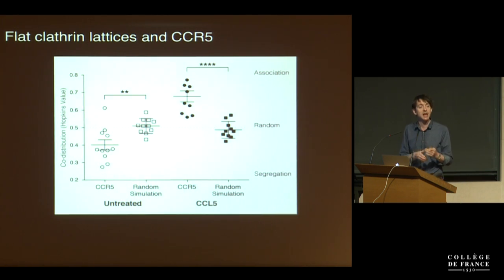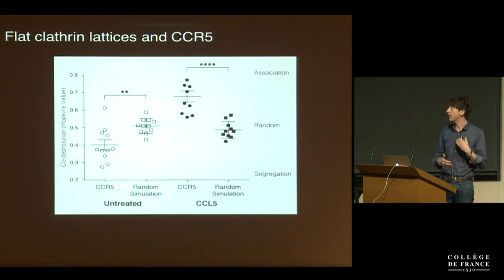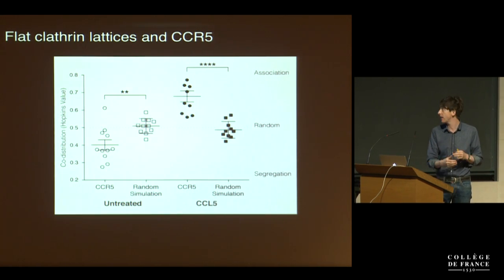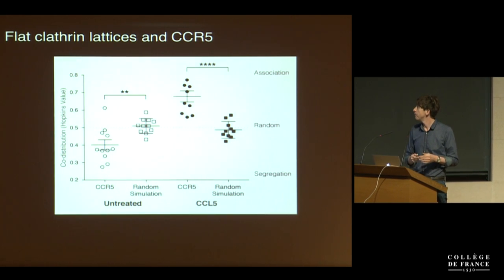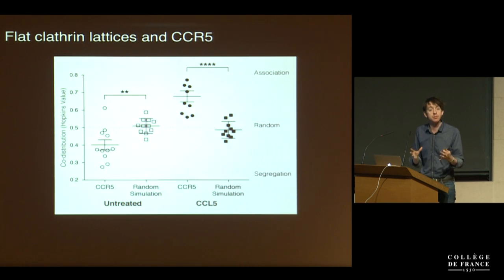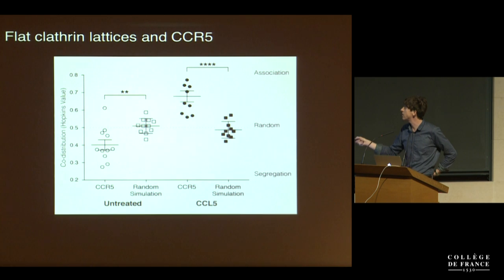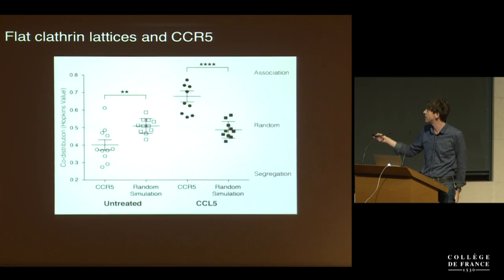Now, Hopkins analysis allows us to look at the co-distribution of CCR5 and flat clathrin lattices. And a Hopkins value of 0.5 would indicate a random co-distribution. A Hopkins value below 0.5 indicates that these two components are segregated, whereas above 0.5 indicates association. We have here some random simulations as control, and you can see that these give values of 0.5, which is consistent with a random distribution and shows that our algorithm is working.